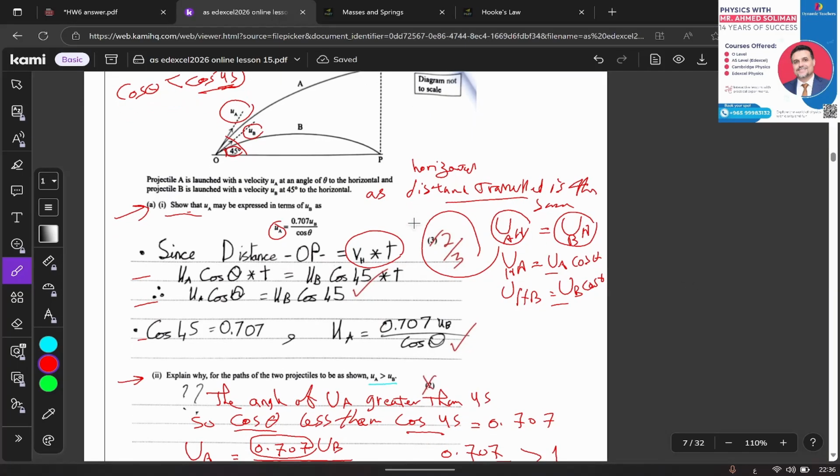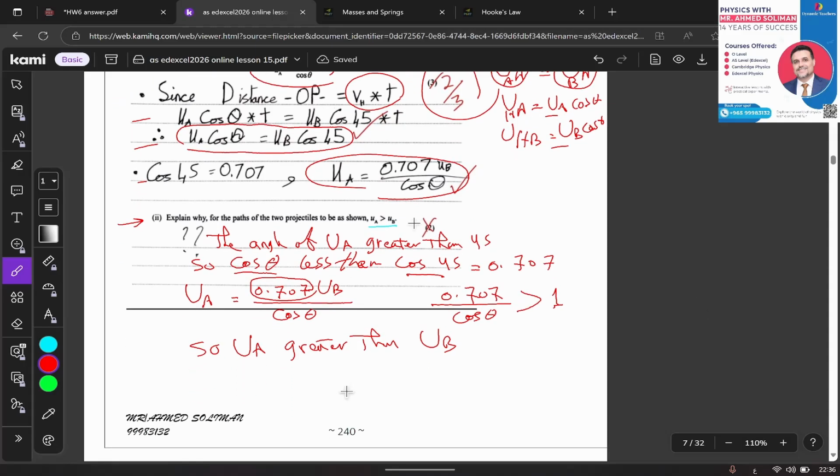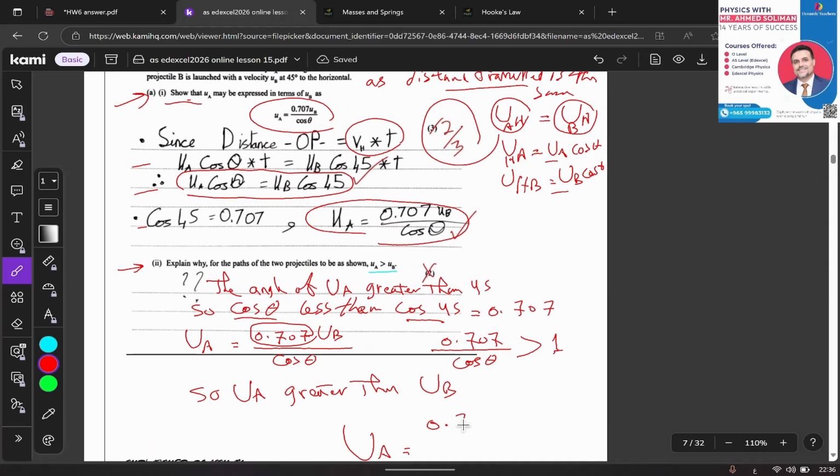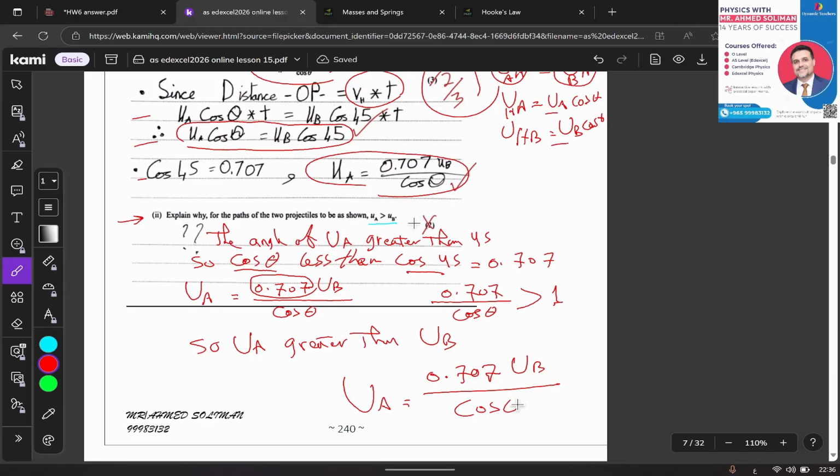Okay, Mirola? Okay. And we said firstly, what? We said this part, then this part, right? And it is written in the question. So now UA equals, from the question, 0.707 UB over cosine theta. Do you know what is meant by 0.707?